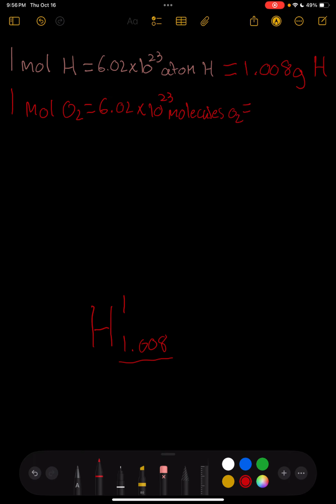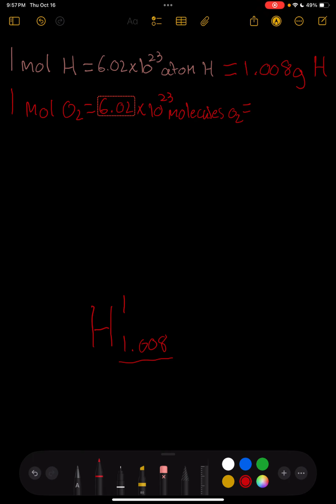So again, we know that the actual amount of molecules is the same as the amount of atoms in hydrogen, because we know that 1 mole is always that amount of number.